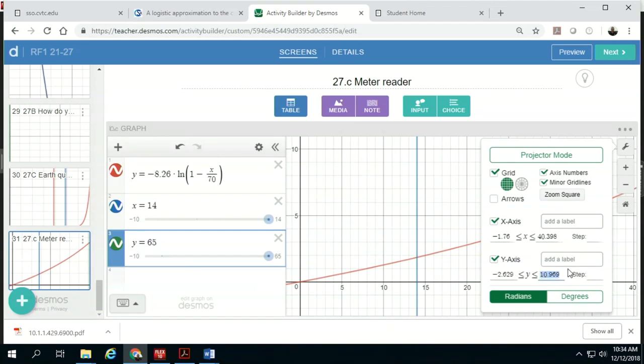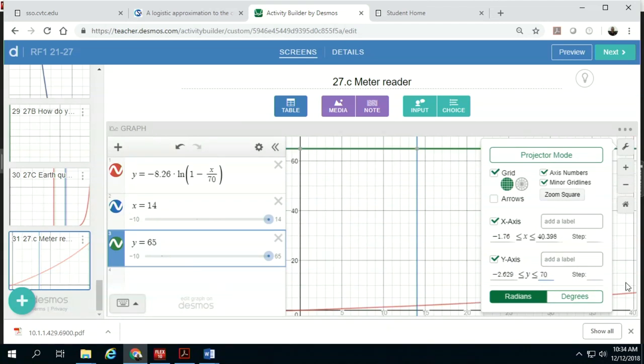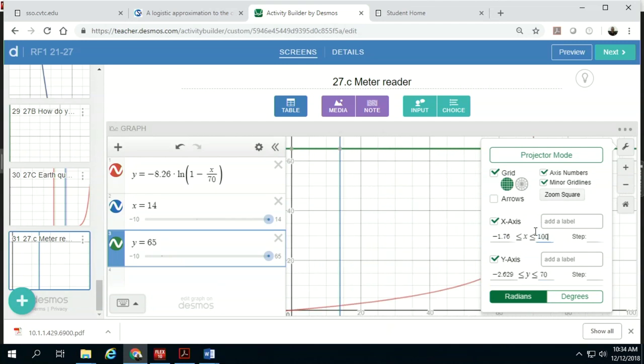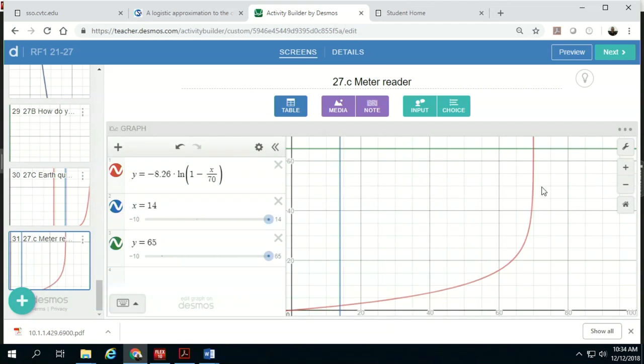Y goes up to 70, let's say. Well, we aren't close yet. Let's make x be 100. There we go. Looks like he's able to read 65 meters in about 70 days. Last part.